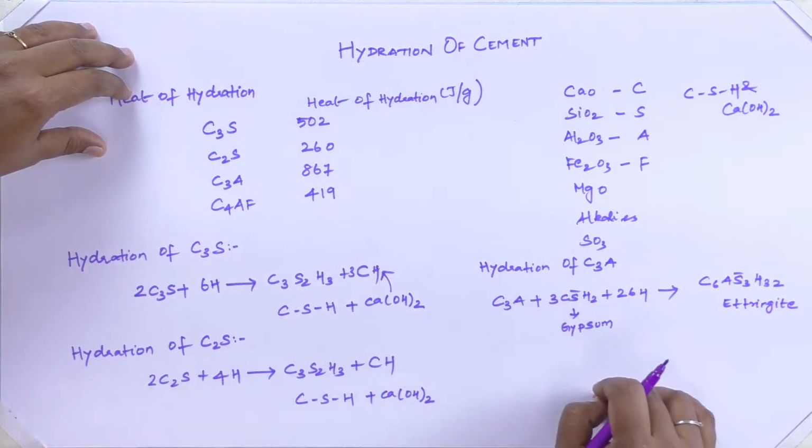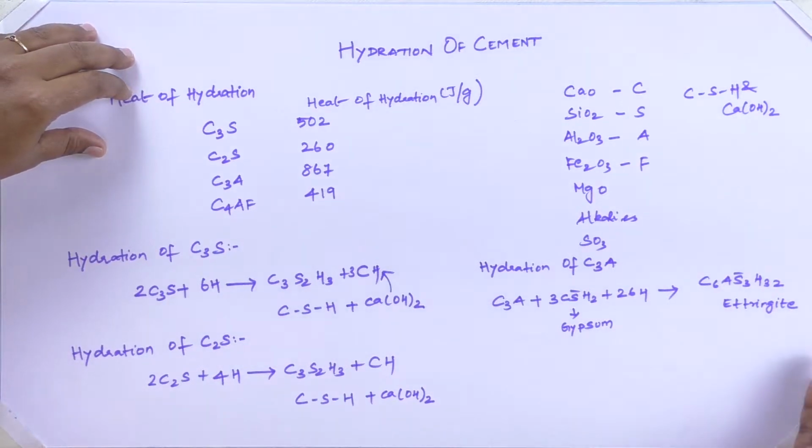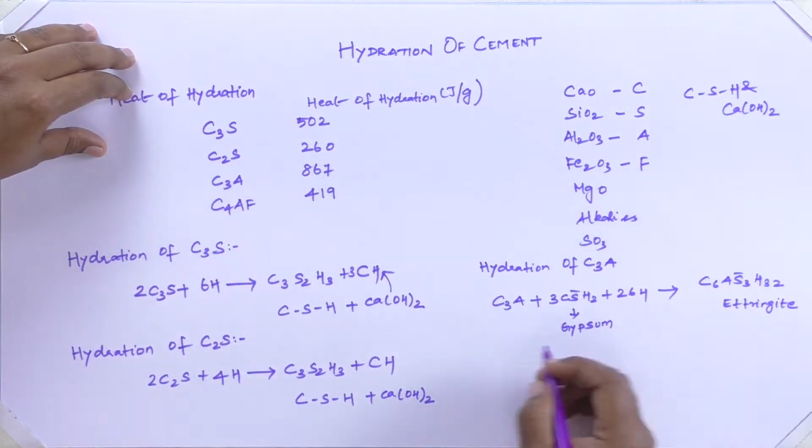Again in the presence of C3A, it reacts and forms CSH and CaOH twice.